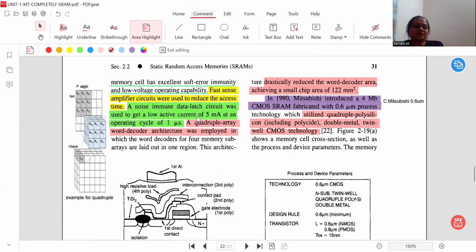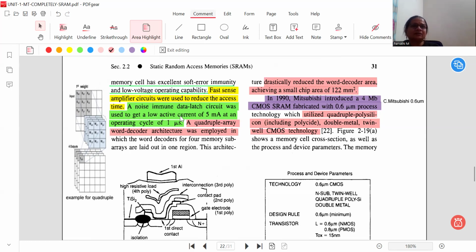This is another modification required when you construct advanced memories. At the same time, a noise immune data latch circuit was used. Before data goes into the memory or is accessed from it, latches or buffers are used around the memory. Those buffers are noise immune data latches, meaning only the cell value is retrieved or placed in the cell.